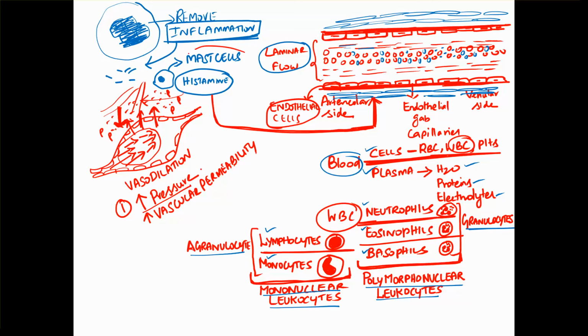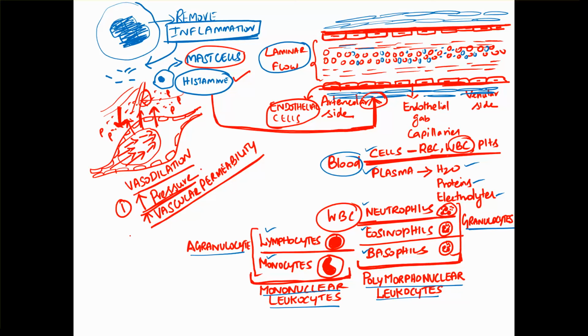So the mast cell secretes histamine. The histamine acts on the smooth muscle cell. Then there is vasodilation, which causes increased blood flow. That causes an increase in pressure, which causes increased vascular permeability, and the fluid escapes out. That fluid contains protein.